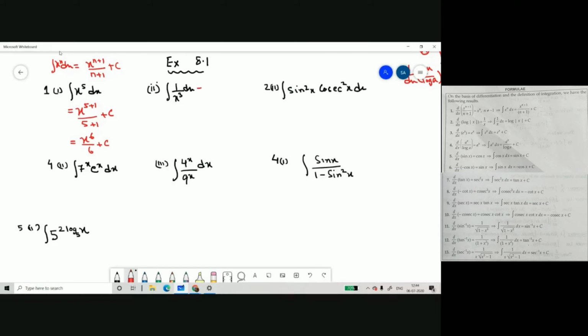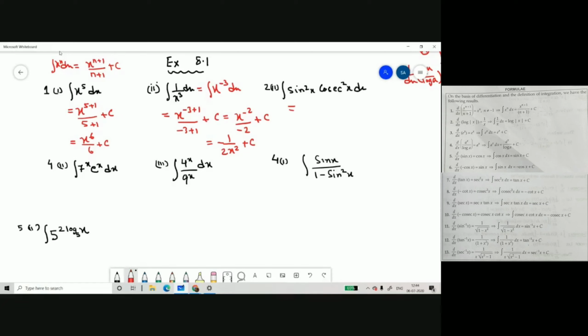Part 2 is the same. Look over here. Can I write this as x to the power minus 3 dx, which on integration gives you x to the power n plus 1 by n plus 1 plus c, which is equal to x to the power minus 2 by minus 2 plus c, which is minus 1 by 2x square plus c. Done.